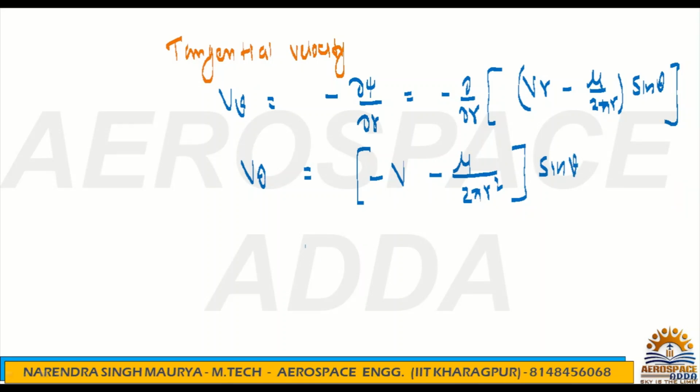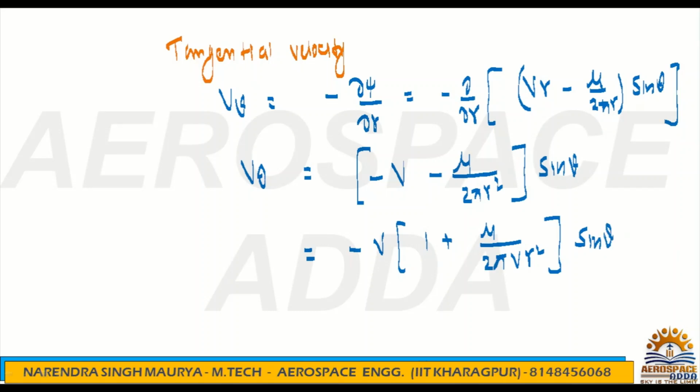So minus V you take common, so what will you get? 1 plus mu upon pi V r square, times sine theta.